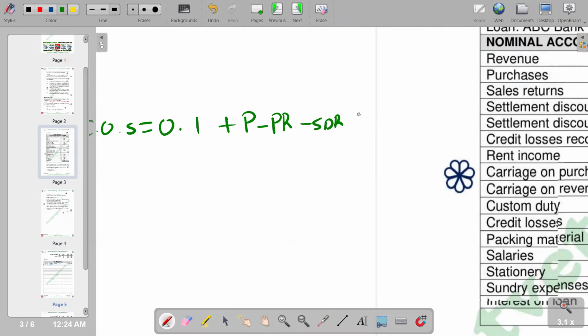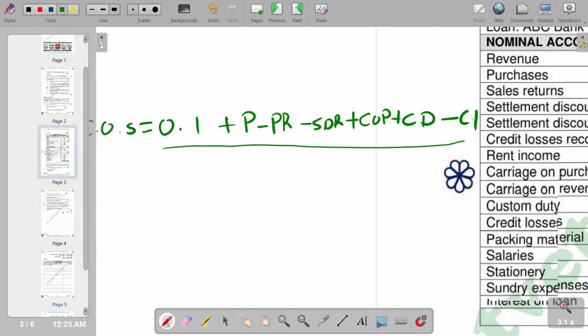Then you are supposed to add your carriage on purchases, your customs duties or import duties if they are there. Then you subtract your closing inventory. So this is the formula that you are supposed to employ so that you can arrive at the cost of sales.